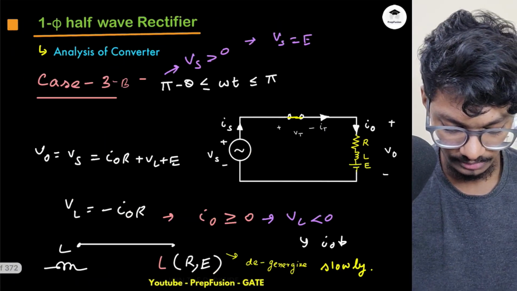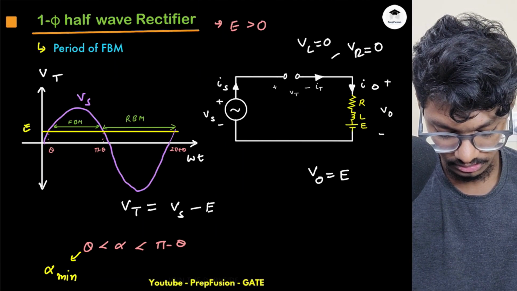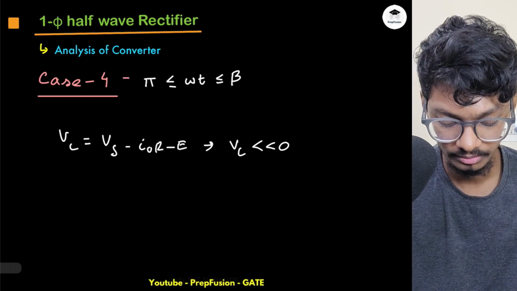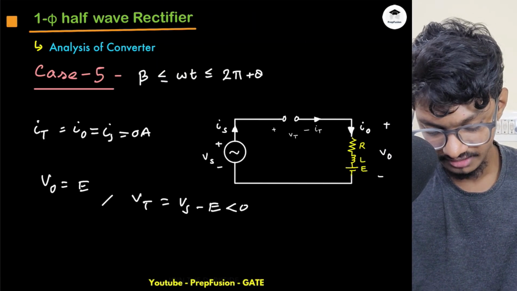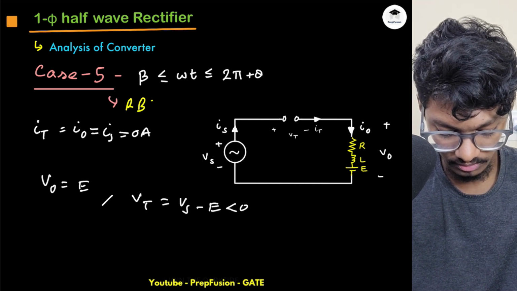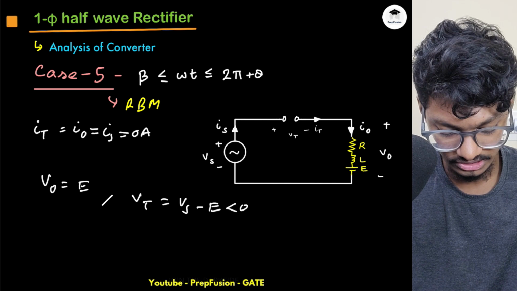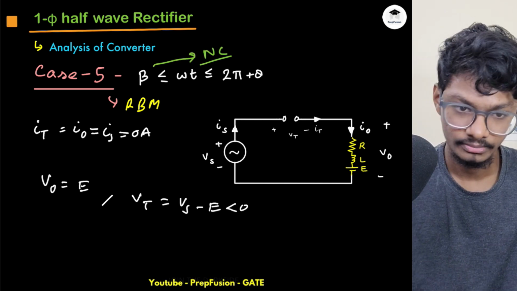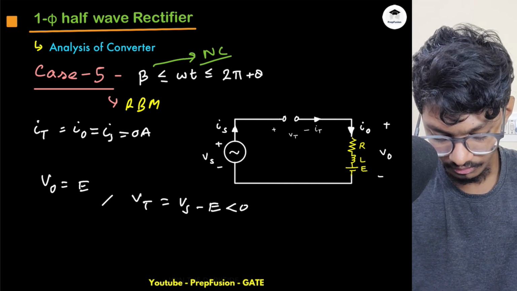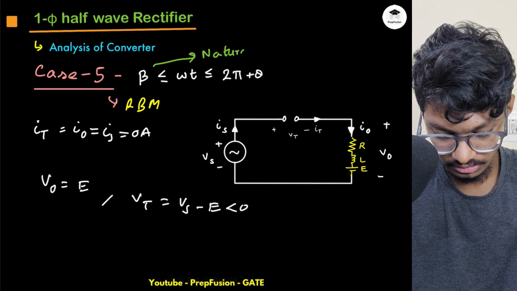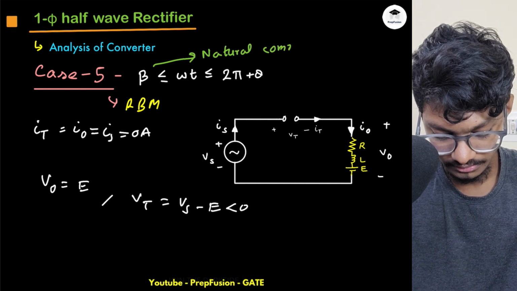Vs will always be lower than E, hence Vt will be negative, hence I will be in the reverse blocking mode. And what has happened? Natural commutation has happened. All right, this is LC, NC will mean something else. Natural commutation.